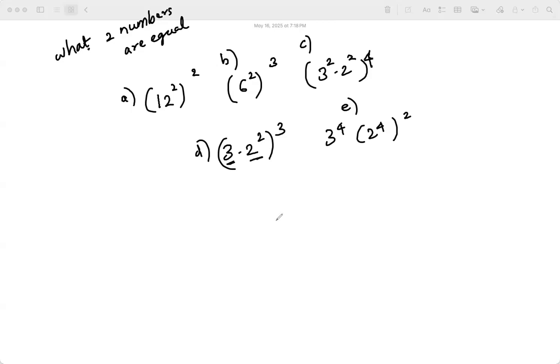How can that be equal? 3 times 2 square is 12 cube, right? This is not 3 times 2, the whole square, the whole cube. You see? Shruti, did you get it? Okay, go check.